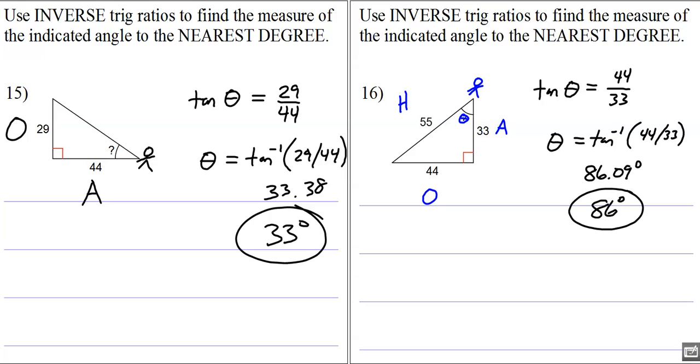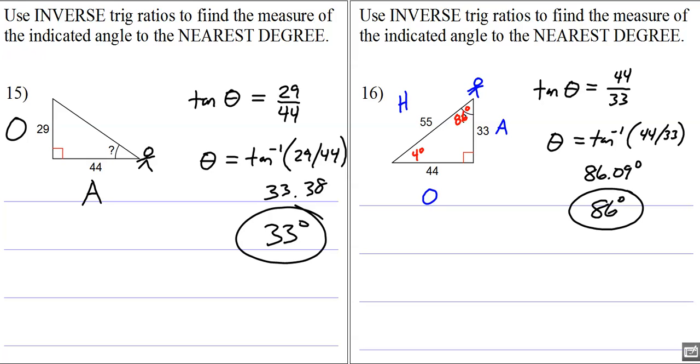You know, when I do my BS meter, and I'm like, wait a minute, if that's 86 degrees, that could only be 4 degrees. And that doesn't seem right. You know, that triangle doesn't look like it's that skinny. So let's see what happened.